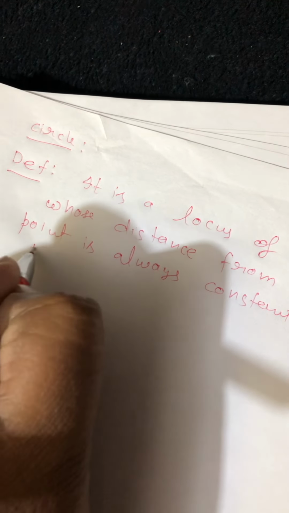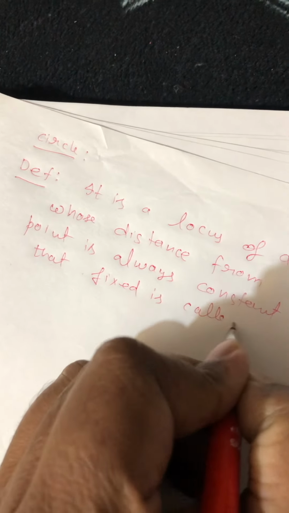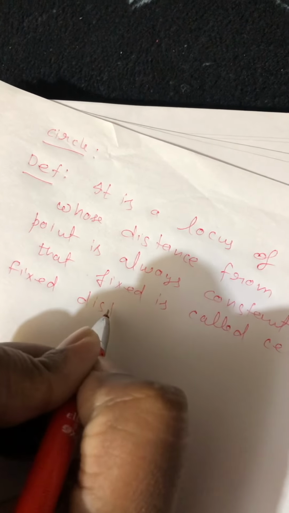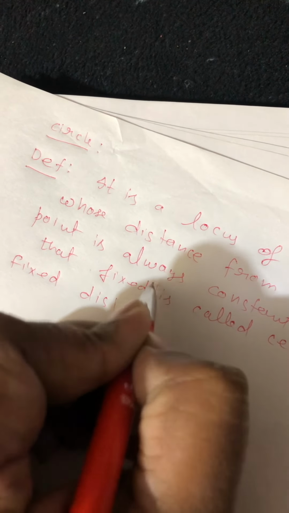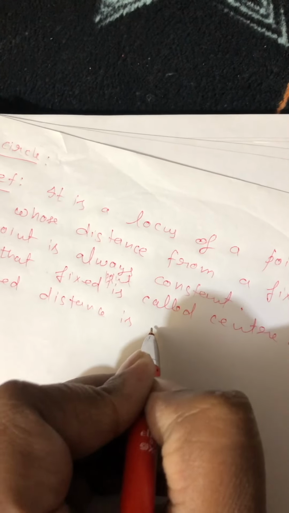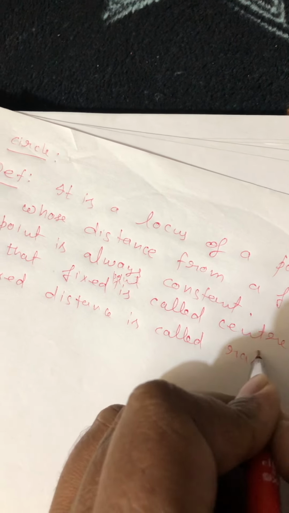That fixed point is called the center, and the fixed distance is called the radius of the circle.